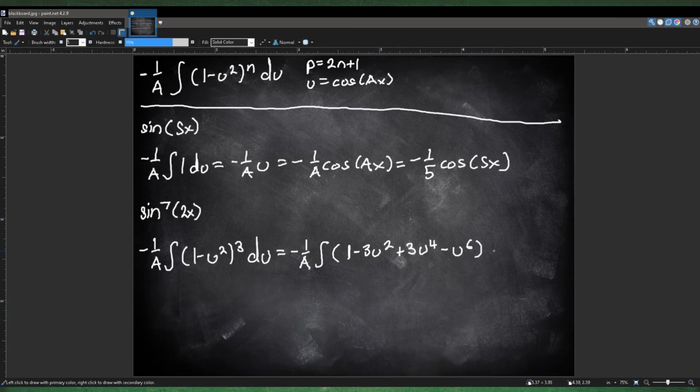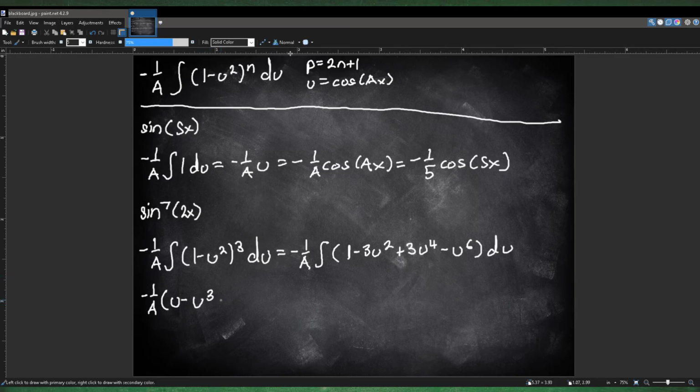Okay, and then du. And then we just integrate this. So the integral of this, put negative 1 over a integral. Oops, sorry. So the integral of this is u minus, so this is already going to be a 3, just u to the power of 3.